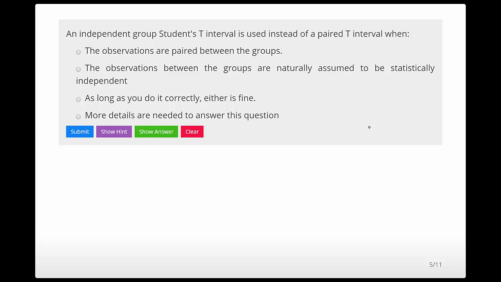Okay, so probably the most common mistake is to treat paired data as if it's independent, and the most common consequence of that, it depends a little bit on the circumstance, is that variability that's explained by the pairing has been left in the interval, and you're getting an interval that tends to be wider than what you would expect to get otherwise. You're pretending like you have uncertainty that you don't have, which is unfortunate because you get a wider, less precise interval. Okay, so let's do that, and then we get our check mark.